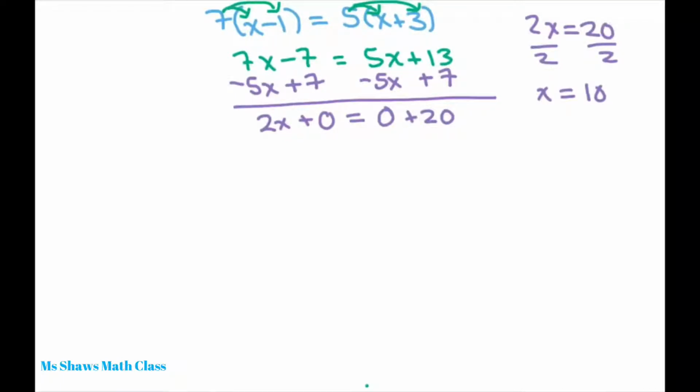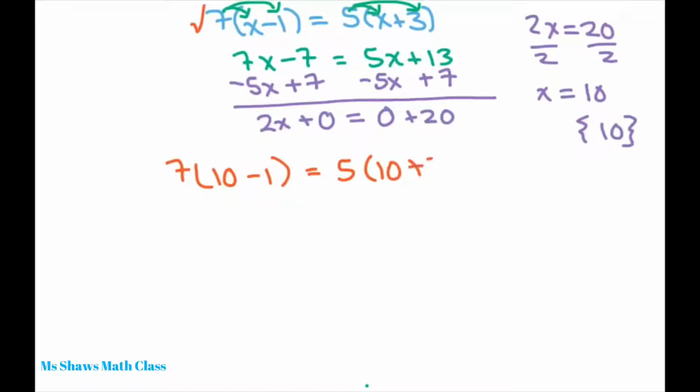Now we have to check our solution. So our solution is 10 by the substitution property. So everywhere there's an x, I'm going to take my original equation and substitute my x for the 10. Now the left-hand side should equal the right-hand side.